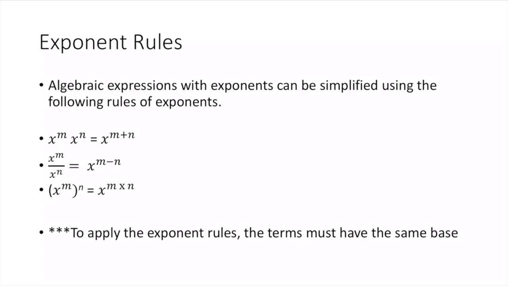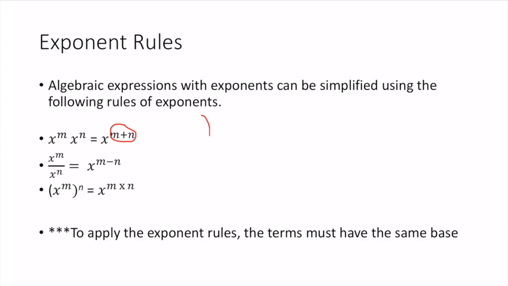So this first one says x to the power of m times x to the power of n. When we're multiplying two exponents of the same base, we can go ahead and add their exponents together.